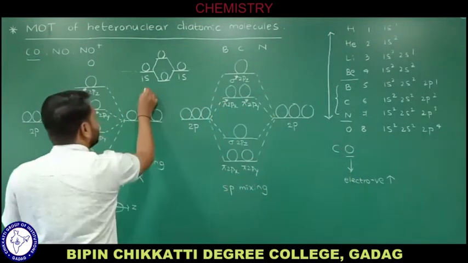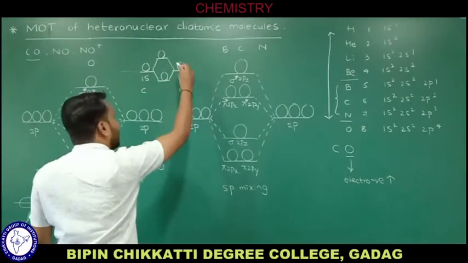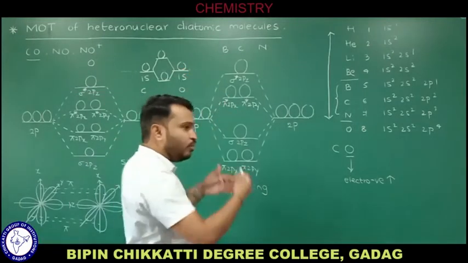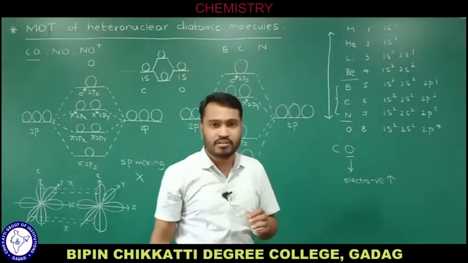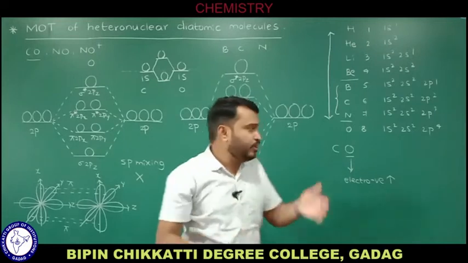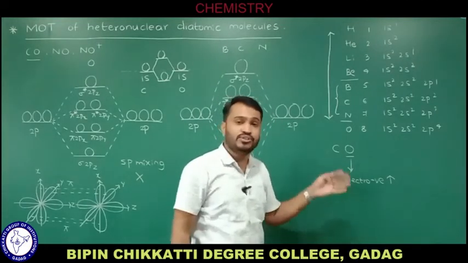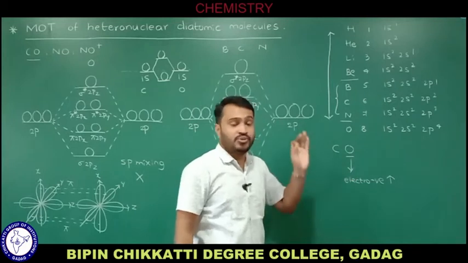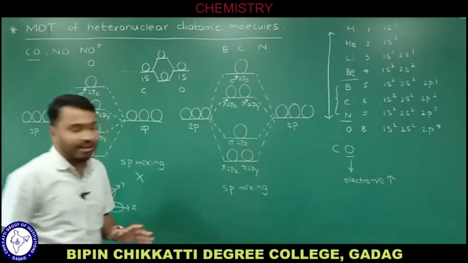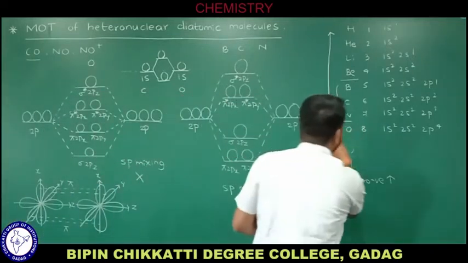Therefore if you consider this is for the carbon and this is for the oxygen, the energy level of oxygen should be drawn with the lower energy when compared to carbon. The energy level of atomic orbitals of oxygen has to be drawn with lower energy when compared with the energies of atomic orbitals of carbon. So in that case the energy level diagram will not be the same as in case of homonuclear diatomic molecule.